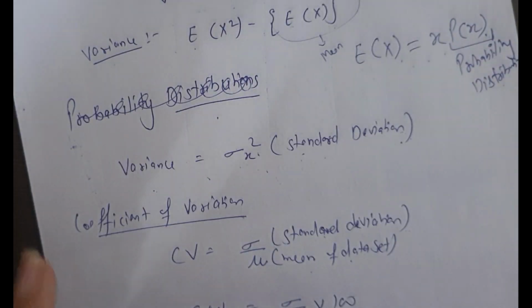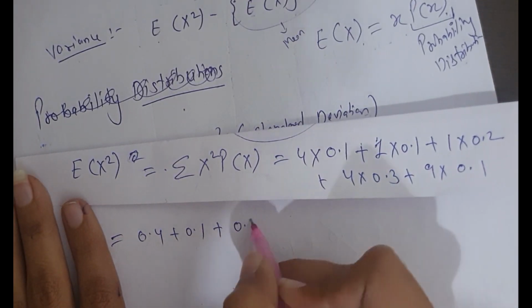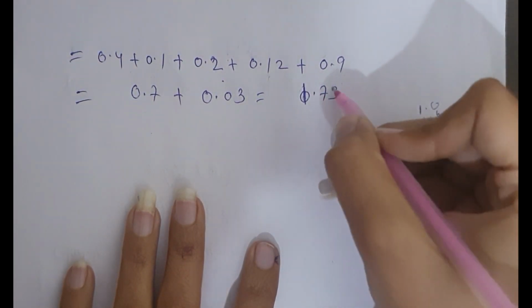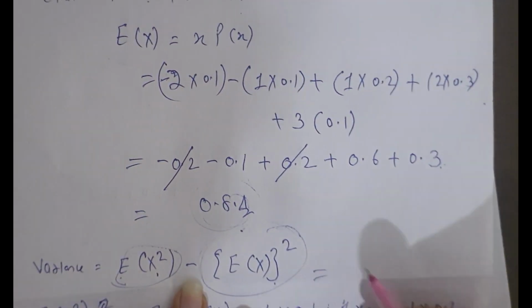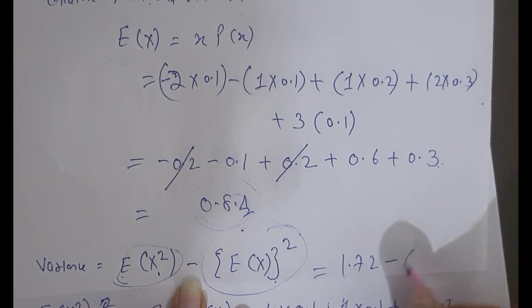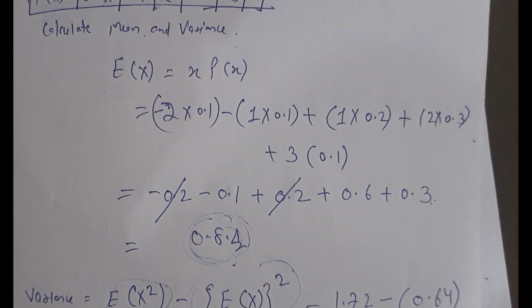Now solve it, 1.72. Now put it here, that is 1.72 minus the square of the mean, solve it and you will get your answer. Ignore it if mathematical mistakes happen by mistake.